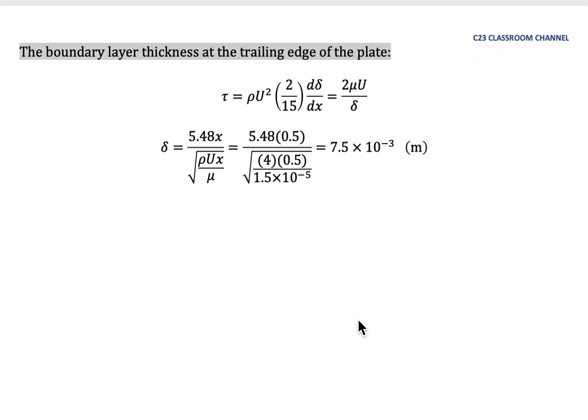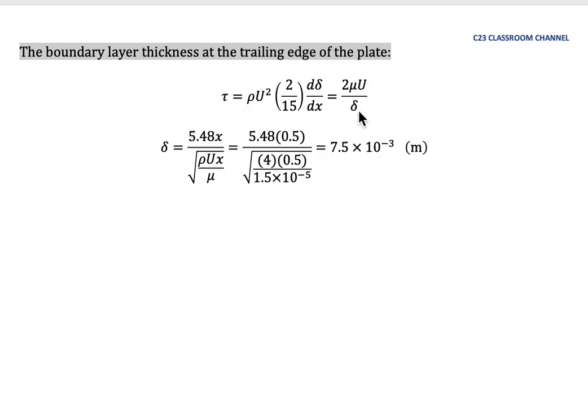And then by using that velocity profile, we substitute in the von Karman equation. We solve the boundary layer thickness by using the von Karman equation, and we equalize the shear stress from the von Karman equation and the shear stress from Newton's law of viscosity.